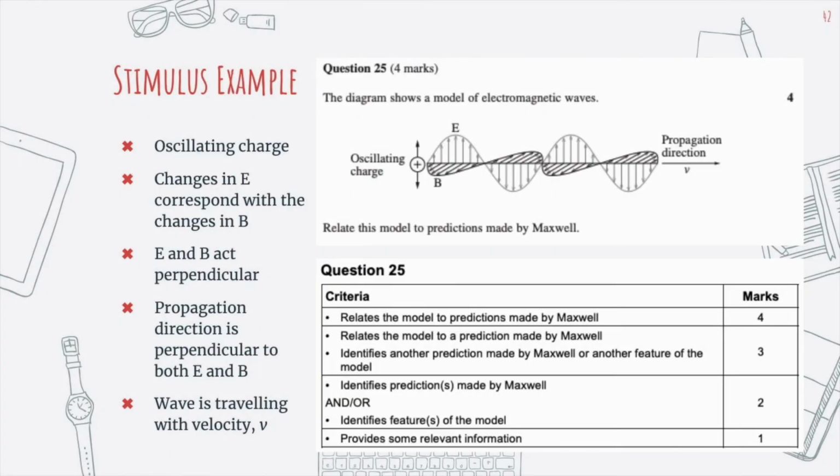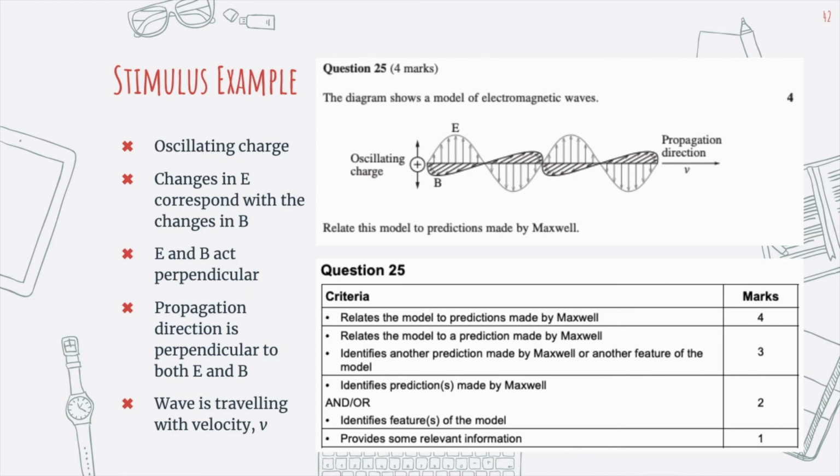Well, let's have a look at the marking criteria and the identifying features that we have pulled out from the stimulus. So, for 4 marks, we need to relate the model to predictions, plural, made by Maxwell. So that's a nice clue straight from the question itself. It says, relate this model to predictions made by Maxwell. Okay, so on the left-hand side, we see we have multiple features that we can talk about with relation to Maxwell's prediction of electromagnetic waves.